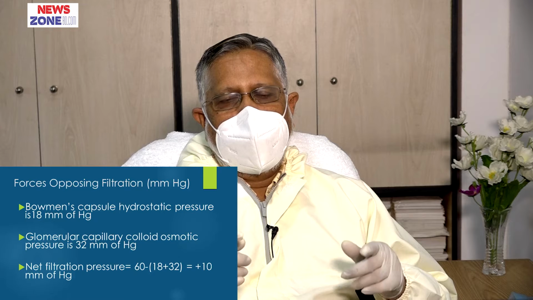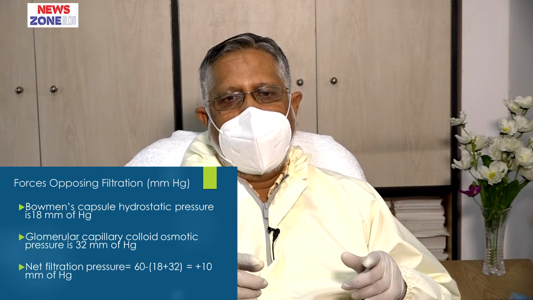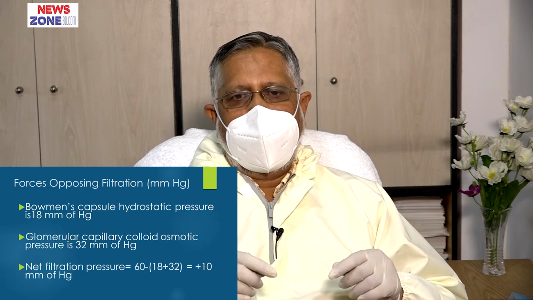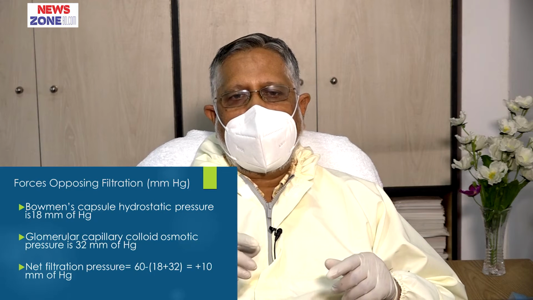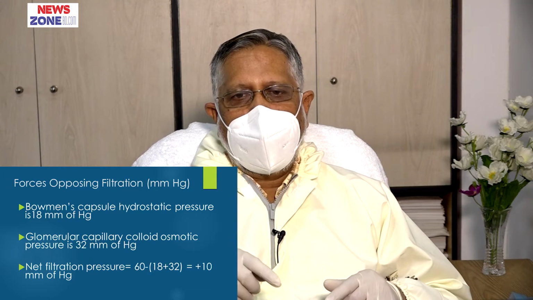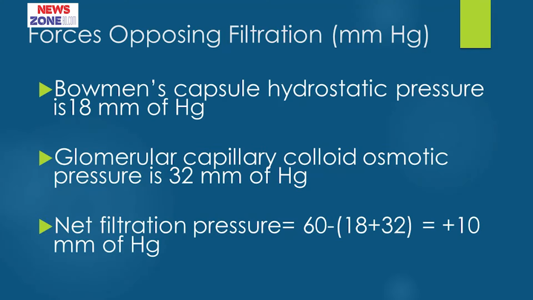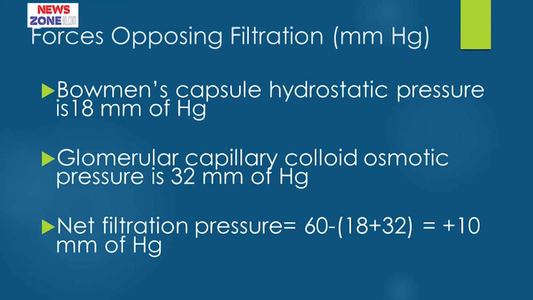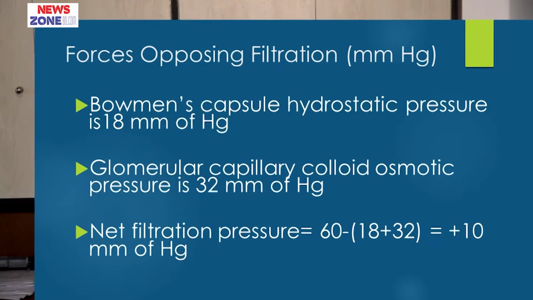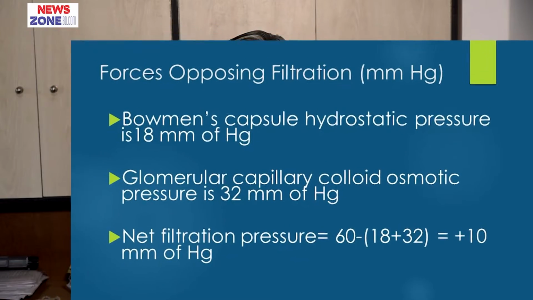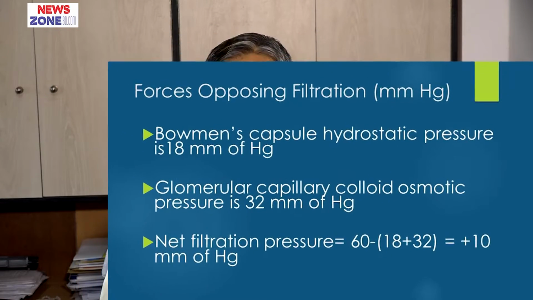The glomerular hydrostatic pressure, the single pressure of 60 millimeters of mercury, forces plasma into the renal tubule. It is opposed by the colloidal osmotic pressure plus the Bowman's capsular pressure: the colloidal osmotic pressure is 32 millimeters of mercury and the Bowman's capsular pressure is 18 millimeters of mercury.